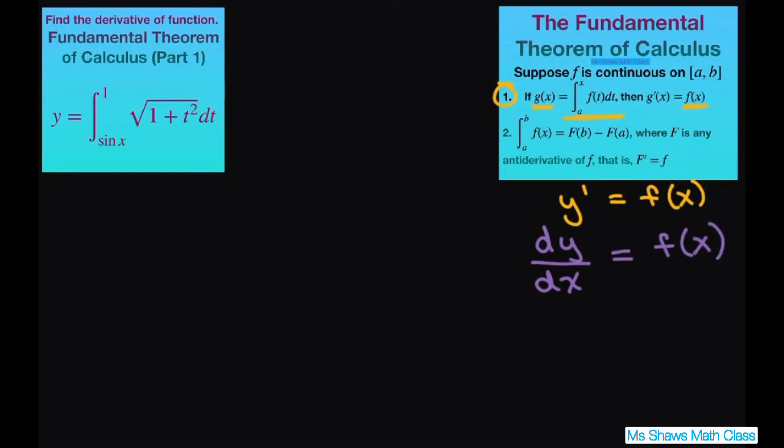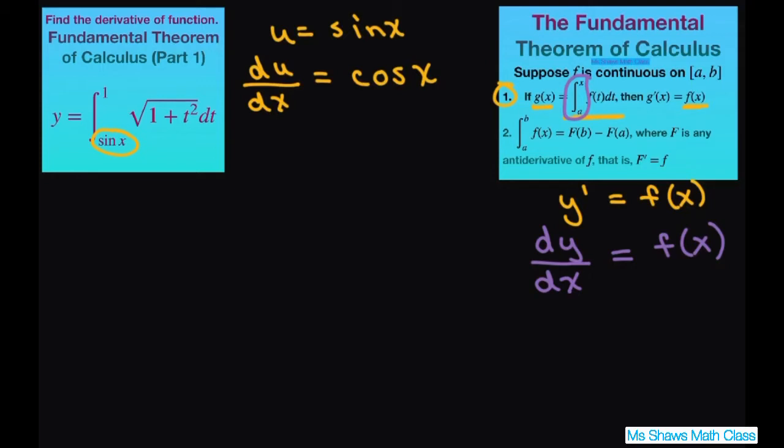So we need to rewrite this upper limit part here. So we're going to go ahead and let u equal sine of x. So the derivative of u with respect to x equals cosine of x. All right.